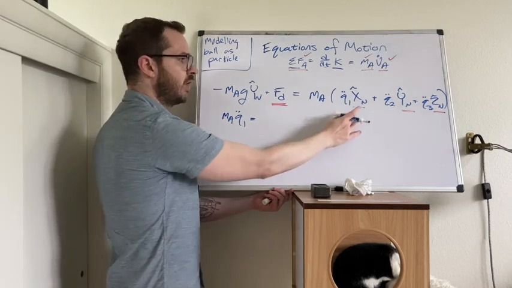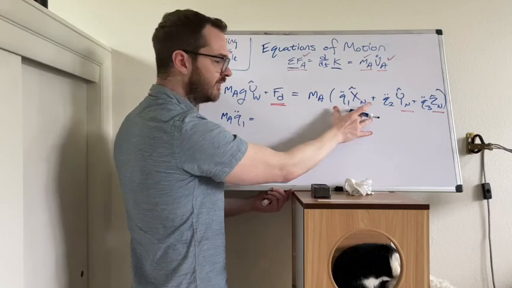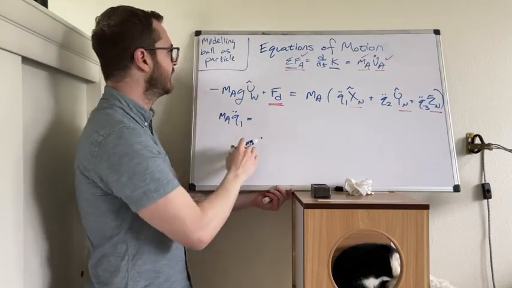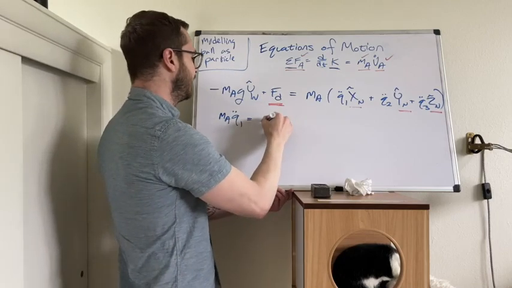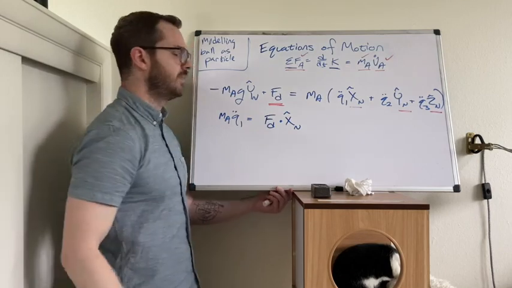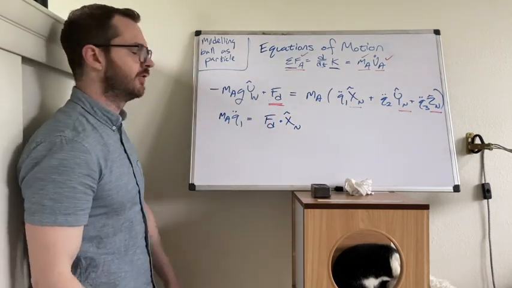So the scalar equation for the x hat n direction: on the right hand side, the only thing in x hat n is this term. There is no gravity in the x hat n direction, and that's going to leave F_d, and I'm just going to write it as F_d dot x_n, the x_n component, because this F_d has some vector terms in it.